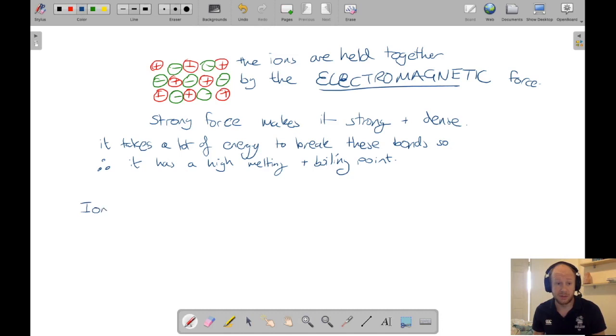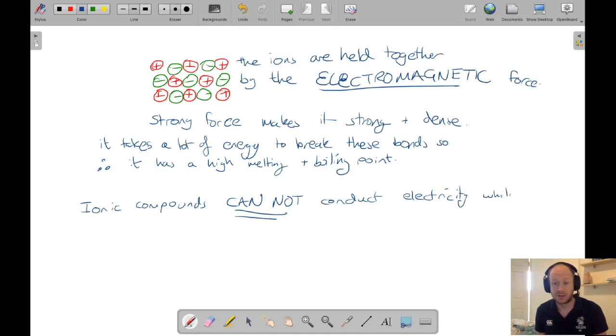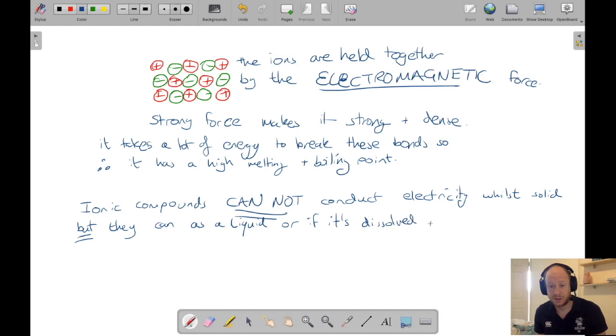So ionic compounds cannot conduct electricity whilst solid, but they can as a liquid, or if dissolved in water.